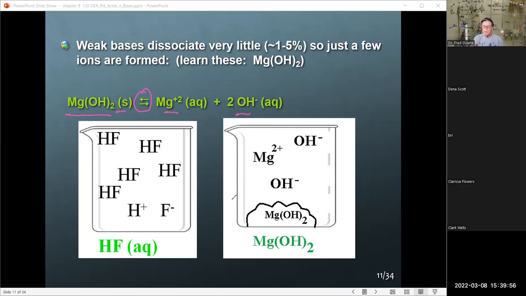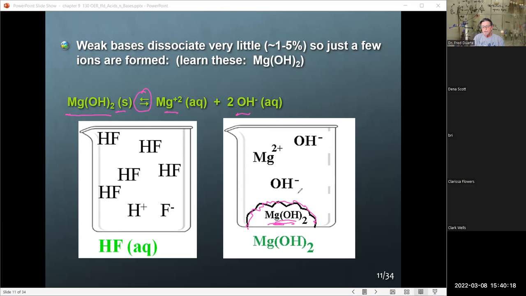The way we depict that in a diagram is as follows. Down at the bottom of the beaker represents that chunk of material that settles down to the bottom of the container in the form of magnesium hydroxide combined.